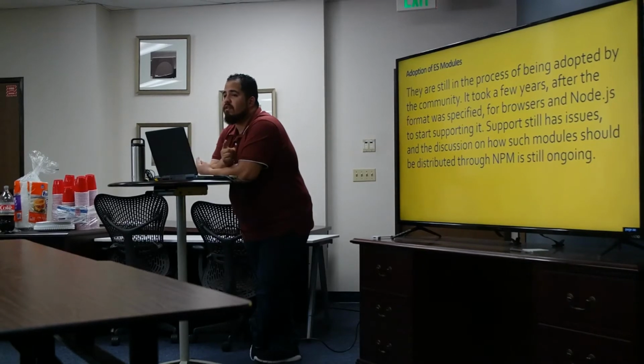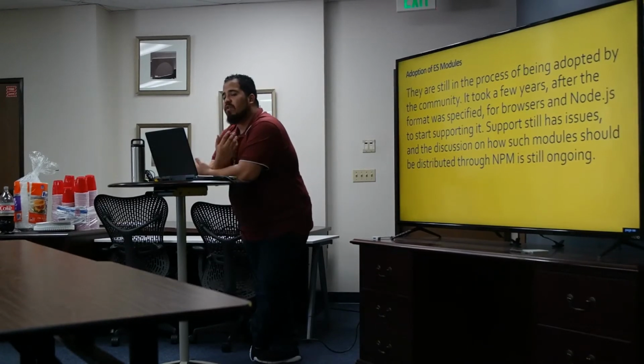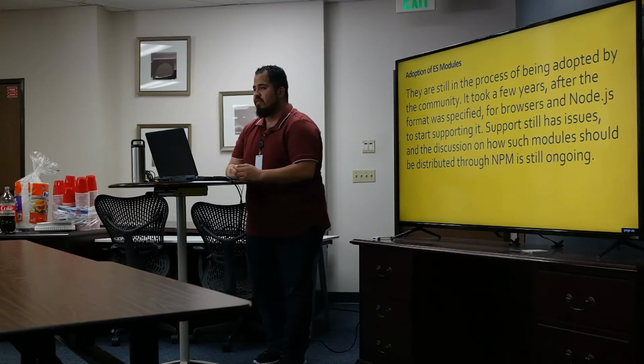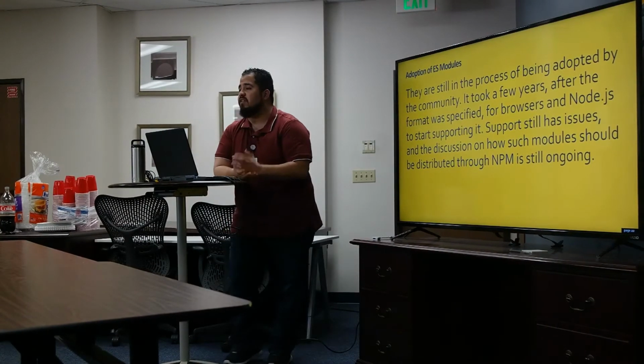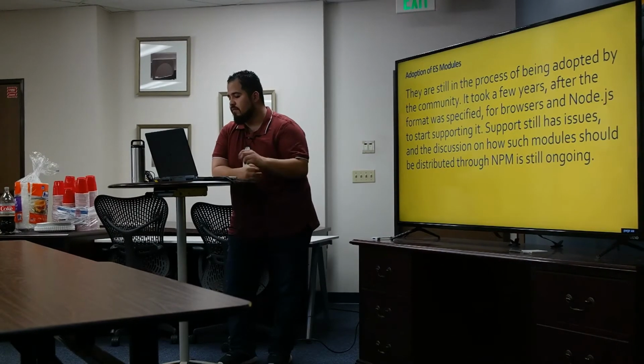The problem is that we haven't adopted one completely, so we still have two ways of doing things, and we have to support both. It's not that we have two ways just because we want there to be two ways. It's because we haven't phased one out yet, right? You would think they would go with import and export because it's part of the language now, right? But that hasn't been the case.